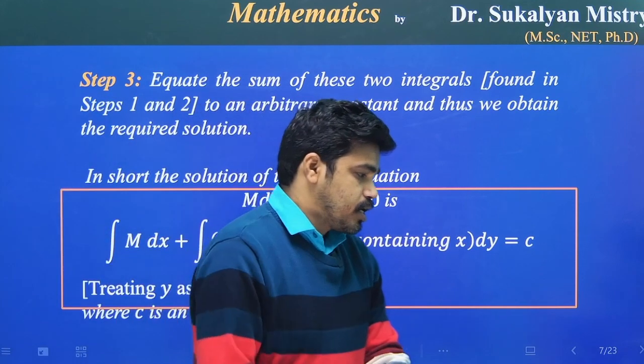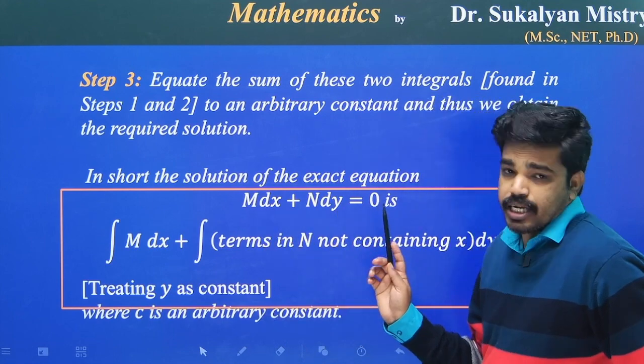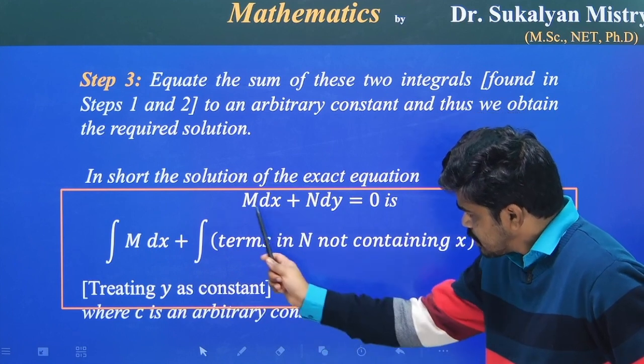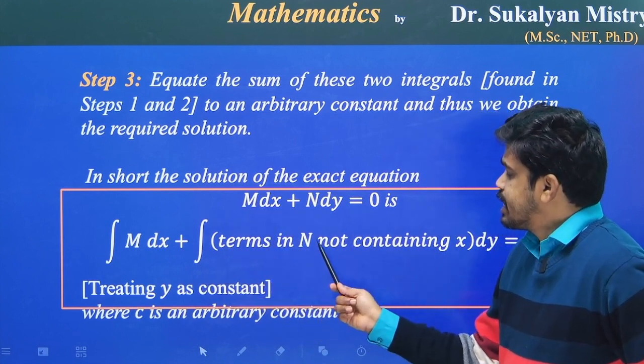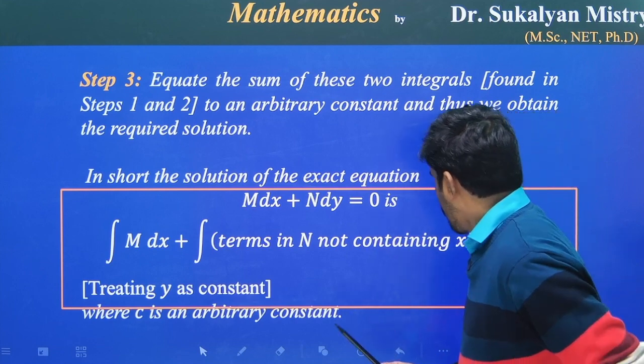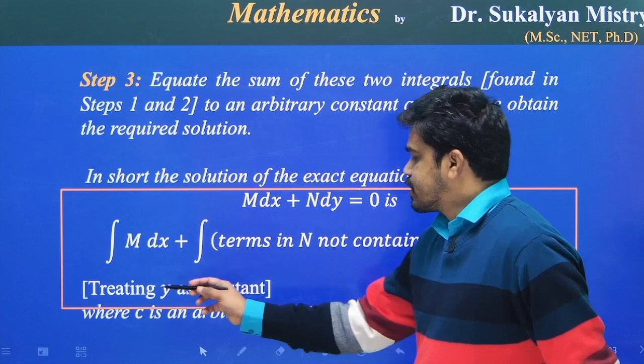So note this, the solution of M dx plus N dy is equal to 0 is integration M dx plus integration of terms in N not containing x into dy is equal to c, treating y as constant.